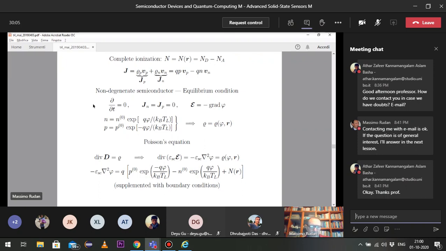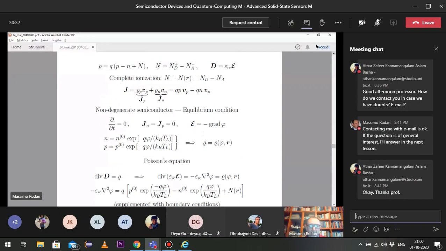And similarly, p is equal to p0 exponential of minus q phi over kT. Okay, so n and p, only in the equilibrium condition, are functions of the electric potential. So the form of this function is given. Okay. If you then go back to the expression of the charge density, the first line of the page, you see that capital N is a prescribed function of position.